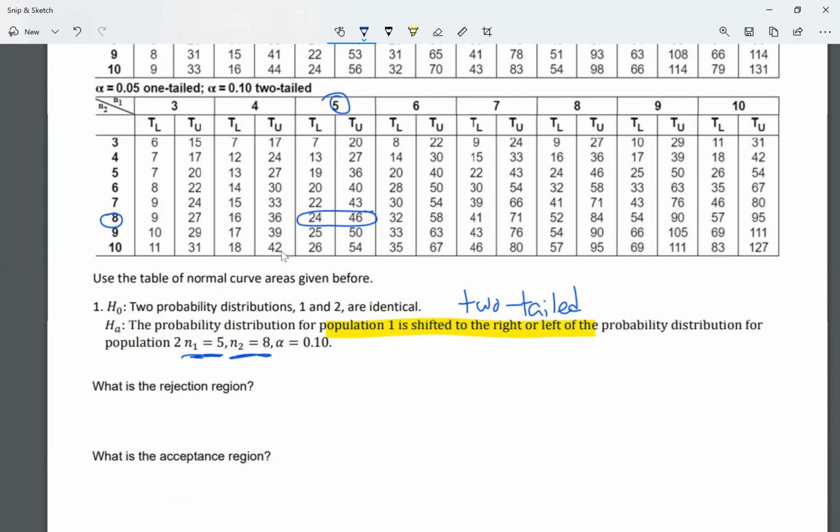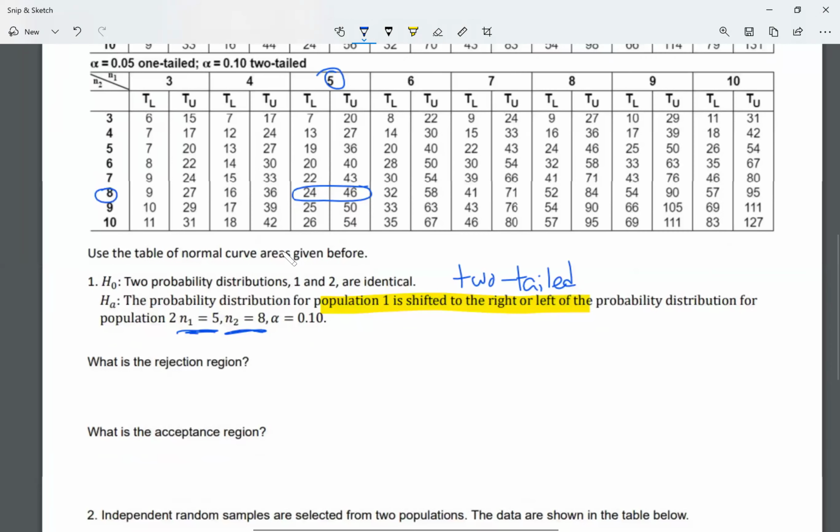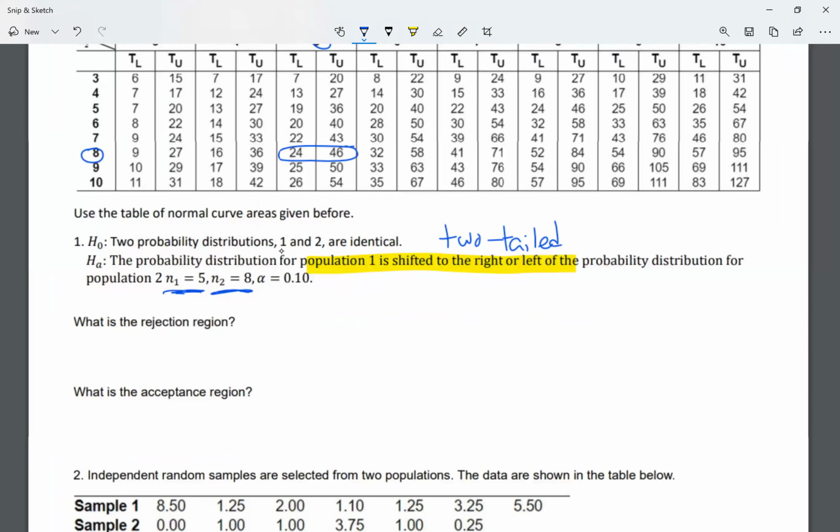Notice how I highlighted two numbers, because there is the lower and the upper. It says 24, 46. Well, guess what? That is my acceptance region. So, back here, I'm going to say my acceptance region is from 24 to 46. What does that mean?